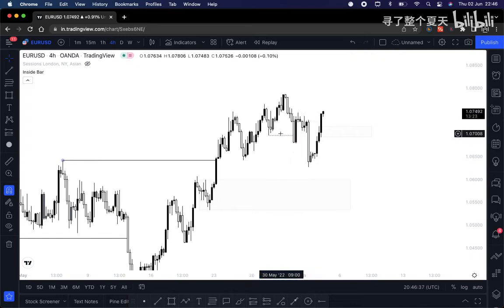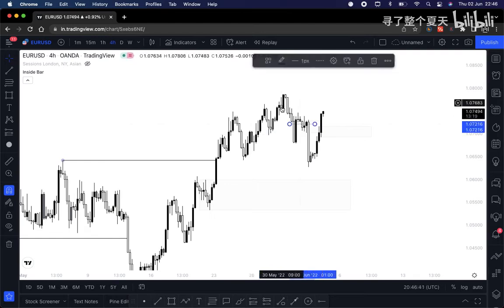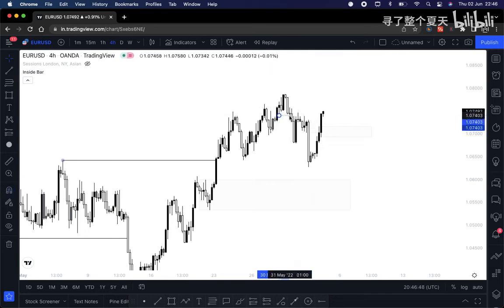And then again, there are times when you will get shifts in market structure. There is a shift in market structure here on a lower time frame. There is another shift here, an internal shift. I don't know if you guys are able to see that internal shift. In fact, it's around this area here. Can you see that internal shift?